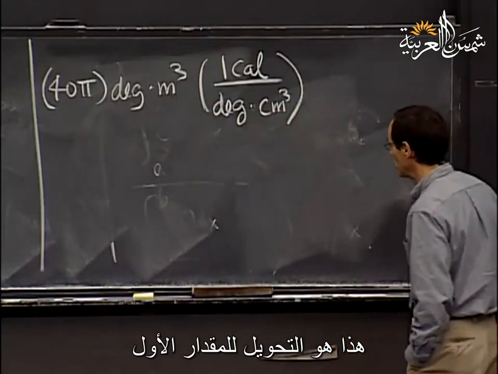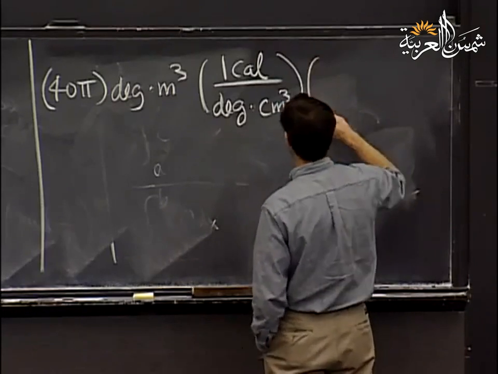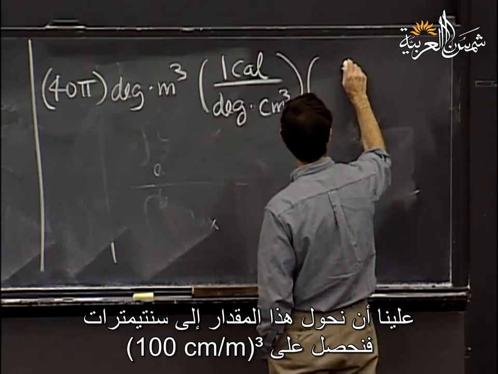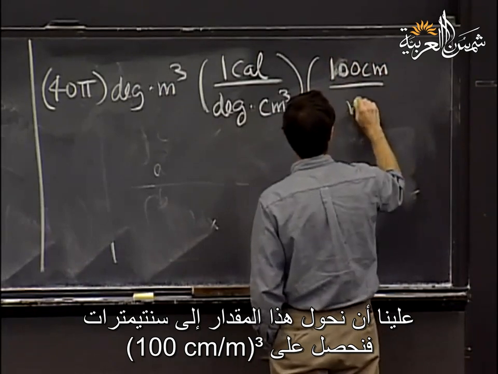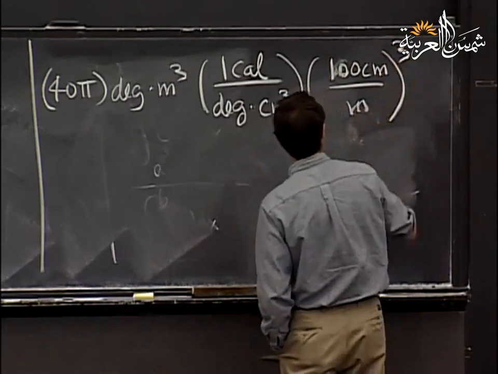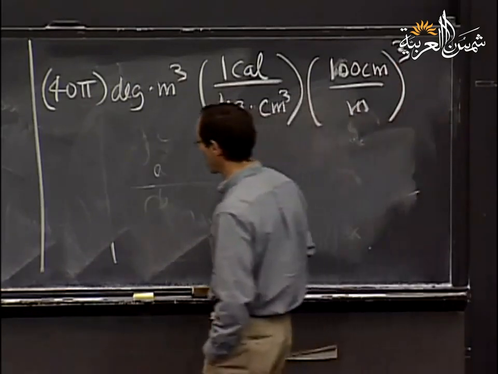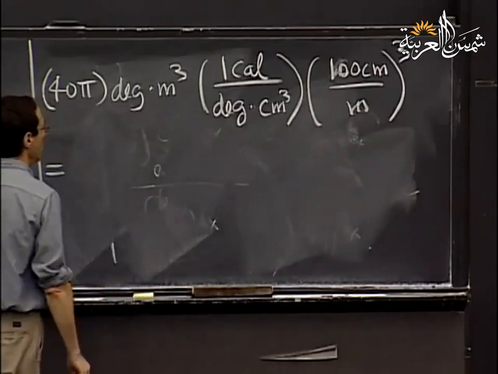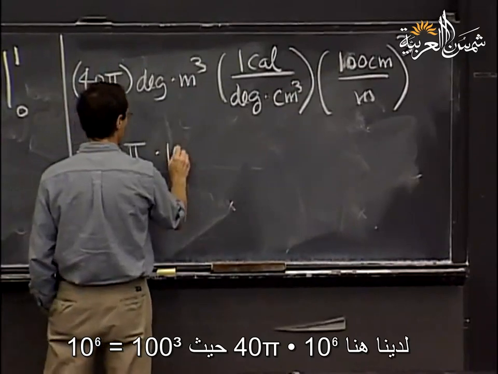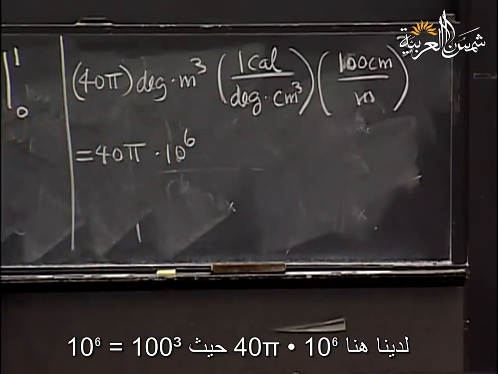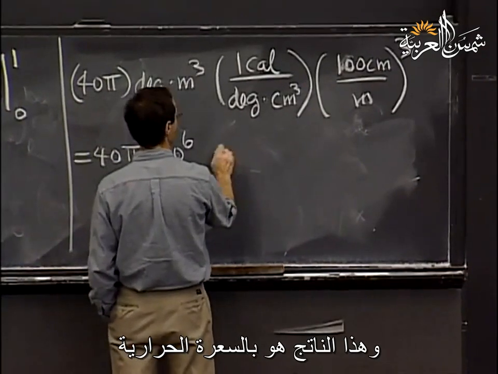That's one conversion. And then I'm going to have to translate from centimeters, so I have here 100 centimeters per meter cubed. So these are the two conversion factors that I need. And so I get 40 pi times 10 to the 6th, that's 100 cubed, and this is in calories.